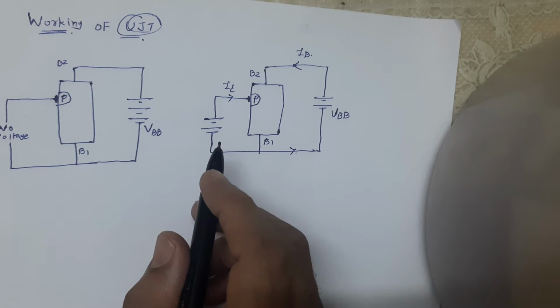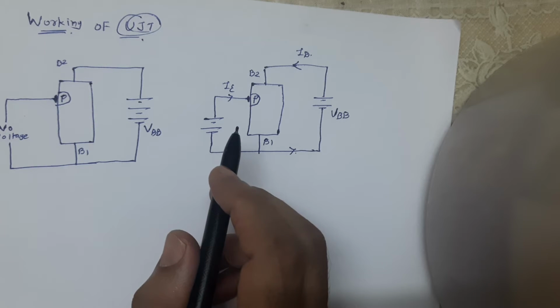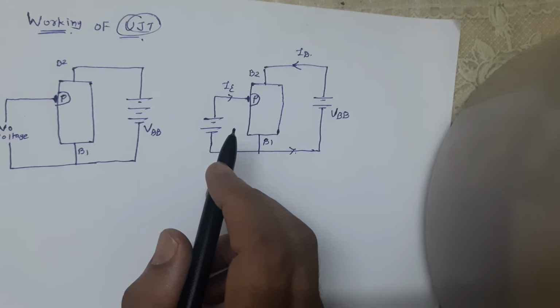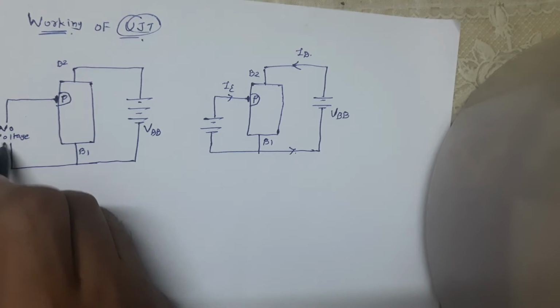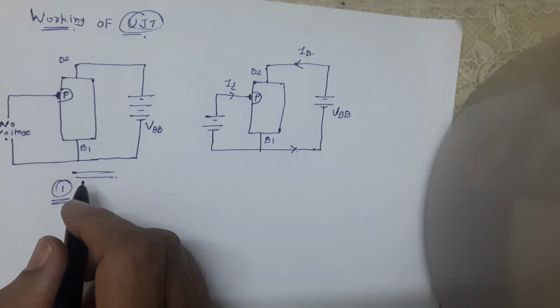Here, the figure shows the basic circuit of operation of a unijunction transistor. The device normally has B2 positive with respect to B1. So first case: if voltage VBB is applied between B2 and B1 with the emitter open, what happens here? A voltage gradient is established along the N-type bar.